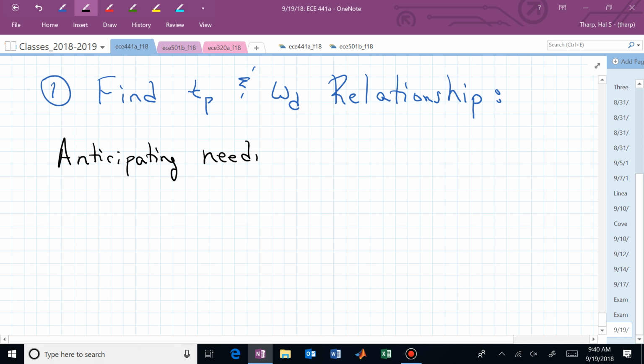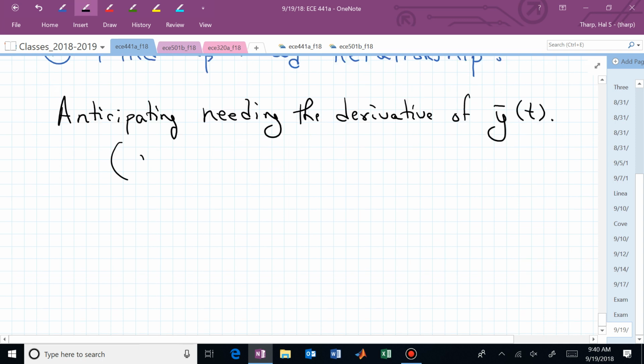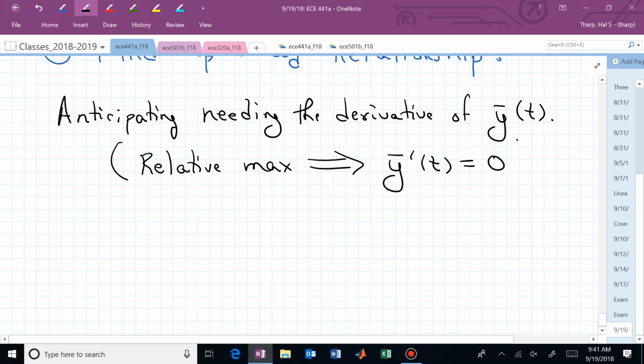So we are anticipating needing the derivative of y bar of t. And that's because we know that the relative max, if that's what we're looking for, would be when the derivative of y bar was equal to 0.